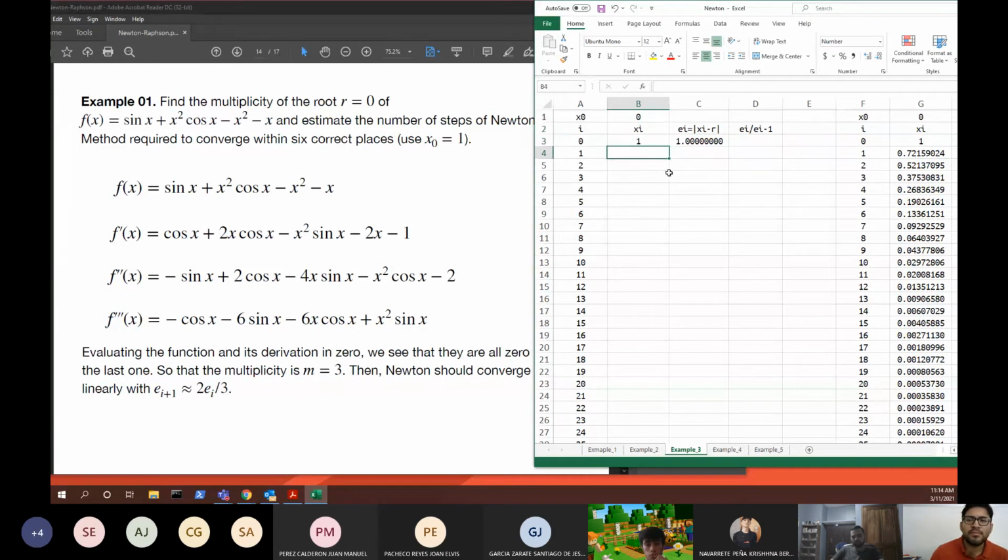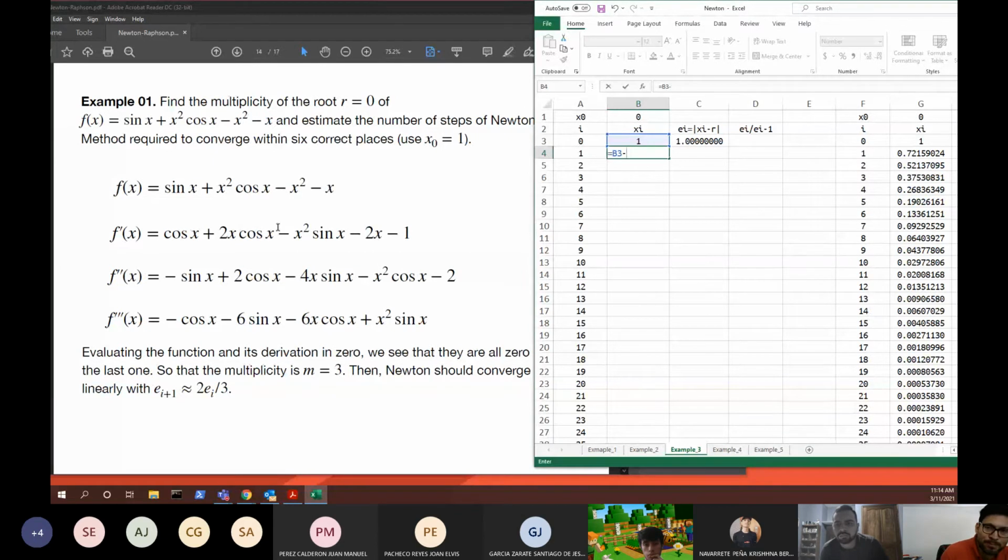Because I'm using 1, I just have to input Newton's formula. ¿Cómo va la función de Newton? Is equal to this value, in this case 1, minus this function divided by this function, right?